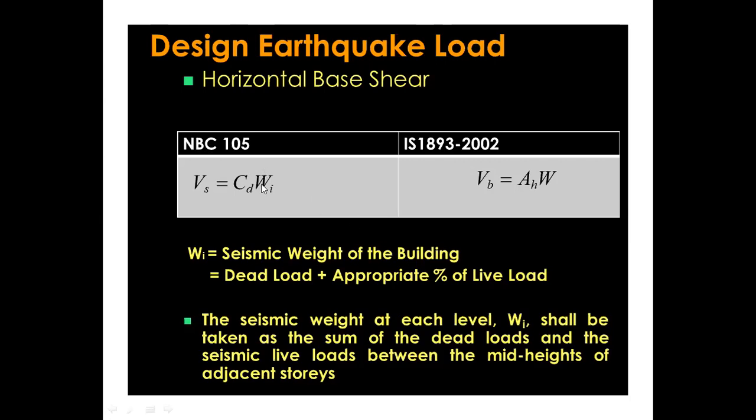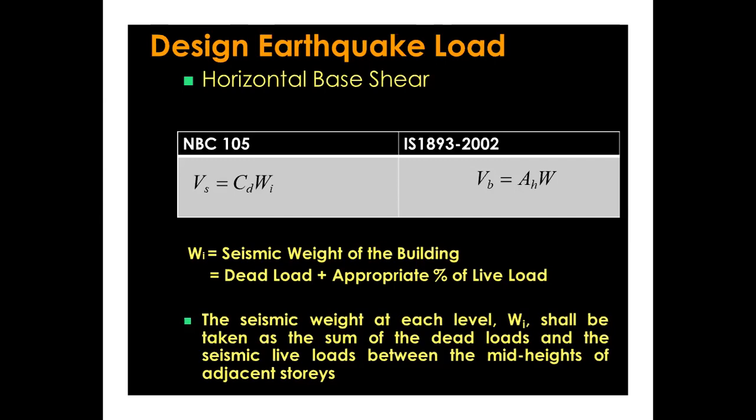We understand both code provisions, but we only consider the IS 1893 2002 code, right? In NBC 105, VB is equal to CD multiplied by W, whereas in IS 1893 2002, VB is equal to AH multiplied by W.